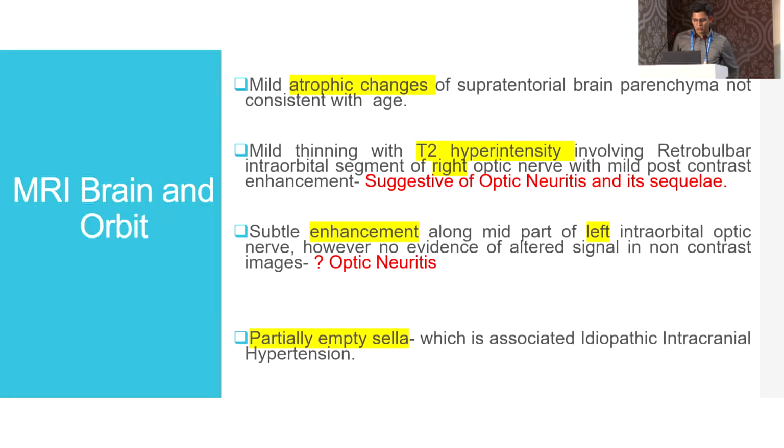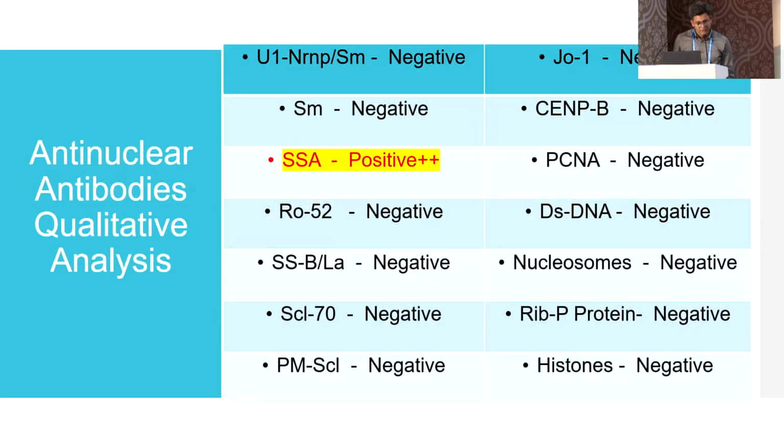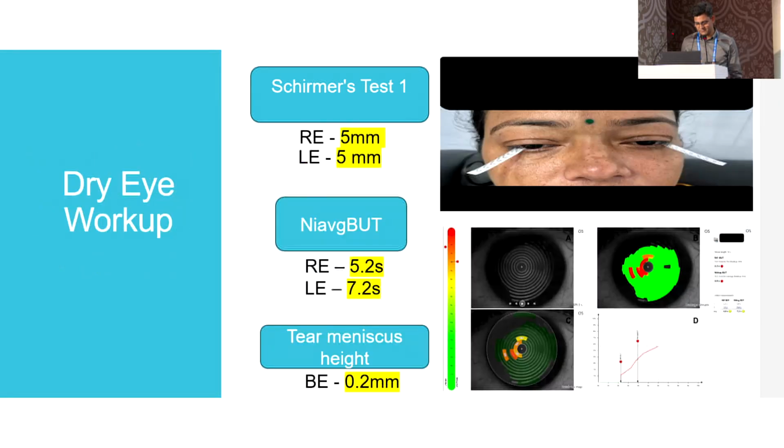However, painful optic neuritis without risk factors for IIH prompted us to investigate this patient further. We ordered antinuclear antibody qualitative analysis, which revealed SSA positivity. This led us to reconsider her history of frequent use of lubricants and the possibility of Sjogren's syndrome as an etiology of optic neuritis. We did her dry eye workup, which came out to be severe dry eye disease in both eyes.